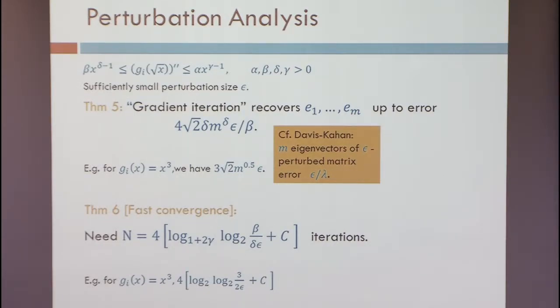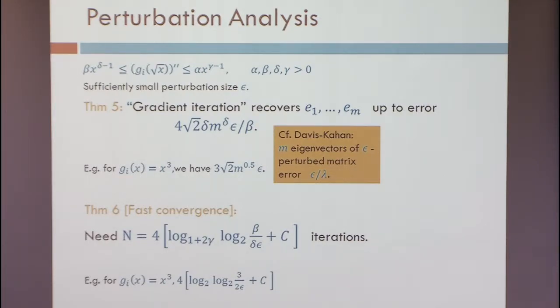You would have to put some sort of orthogonality constraint for that. So for example, if you just put g_i of x equal x cubed, the simple typical case, what you have is log 2 of something like 1 over epsilon. So that's the fast convergence result.